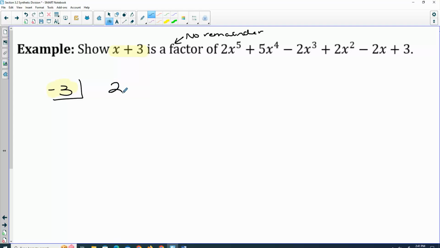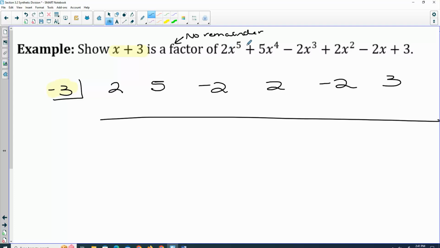We have a 2, 5, negative 2, 2, negative 2, and 3. I don't have any zeros here because I had every power of x. 5, 4, 3, 2, 1, 0. How do we begin? First number comes all the way down. And now it's just a series of multiply and add.